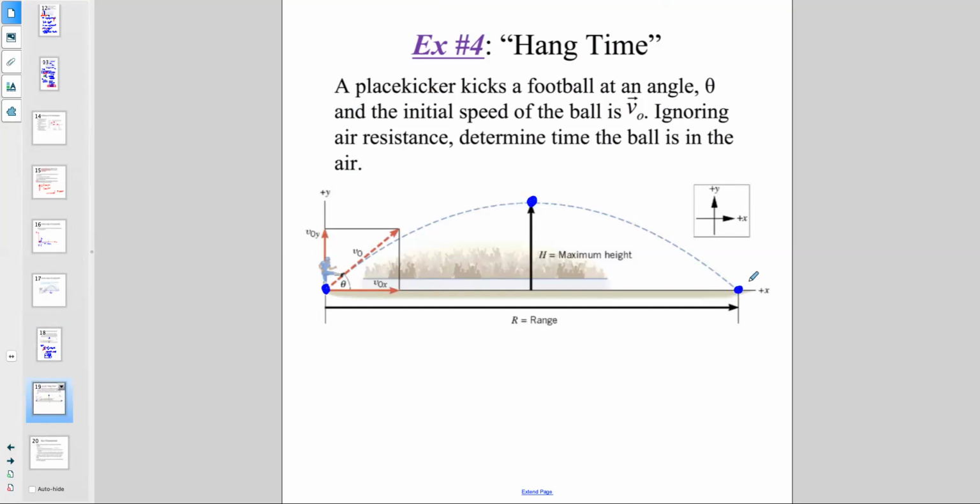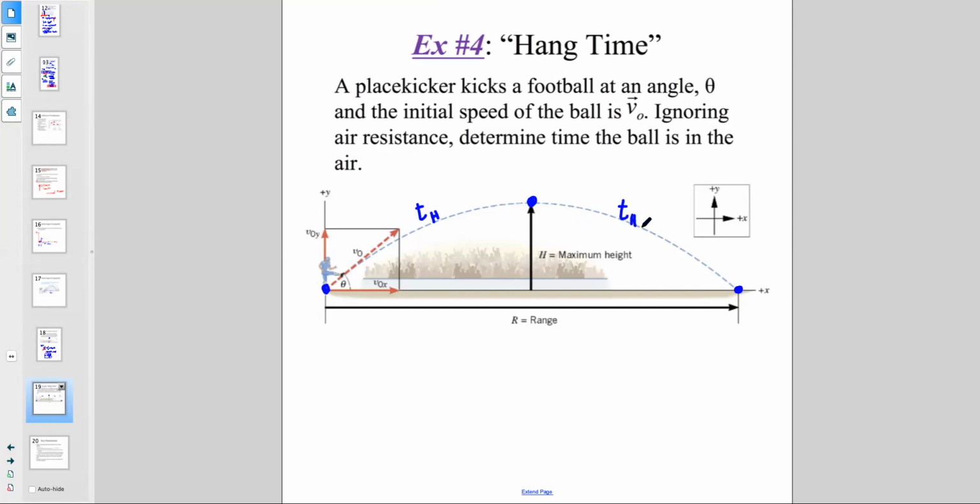So we know that we have a symmetric type of motion, right? The time that it will take for the ball to get to this height is t of h, okay? And it will take the same amount of time for the ball to get down here, so it will be another t of h.